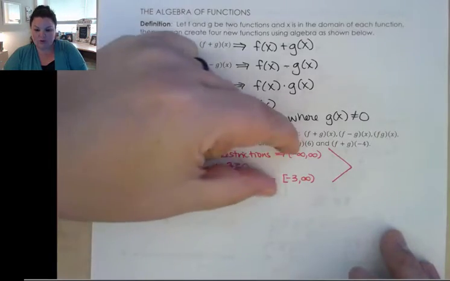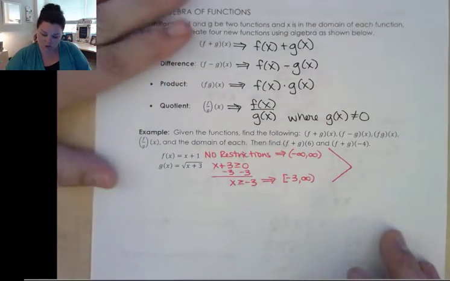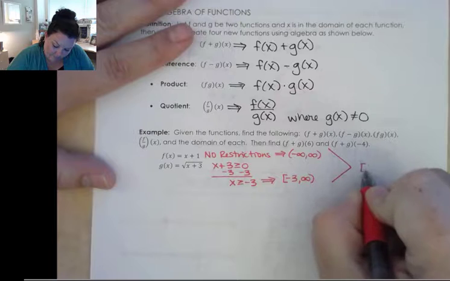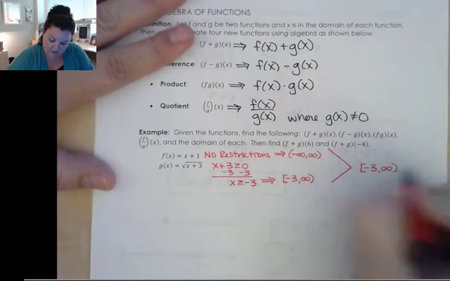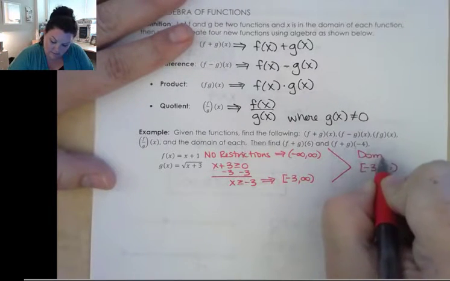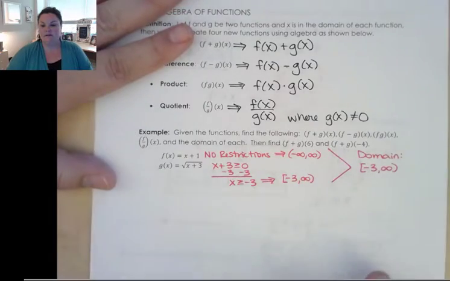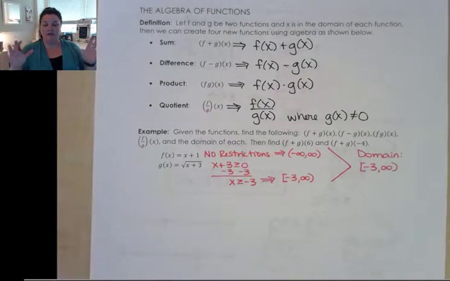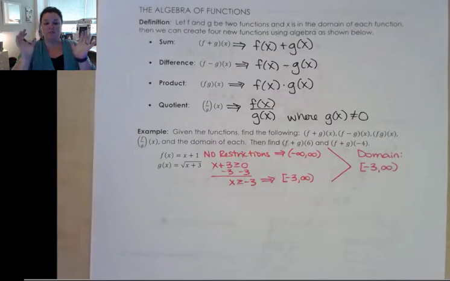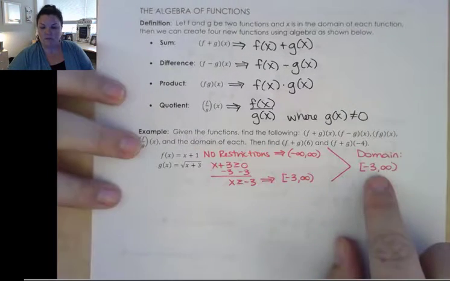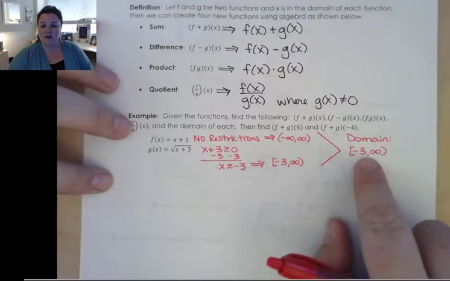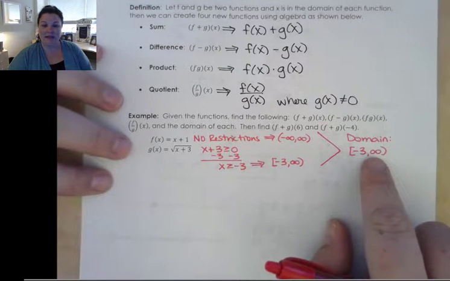So the most restrictive combination of the two would be from -3 to infinity. Any domain combining these two functions, we are going to have to restrict so that we're only using values between -3 and infinity.